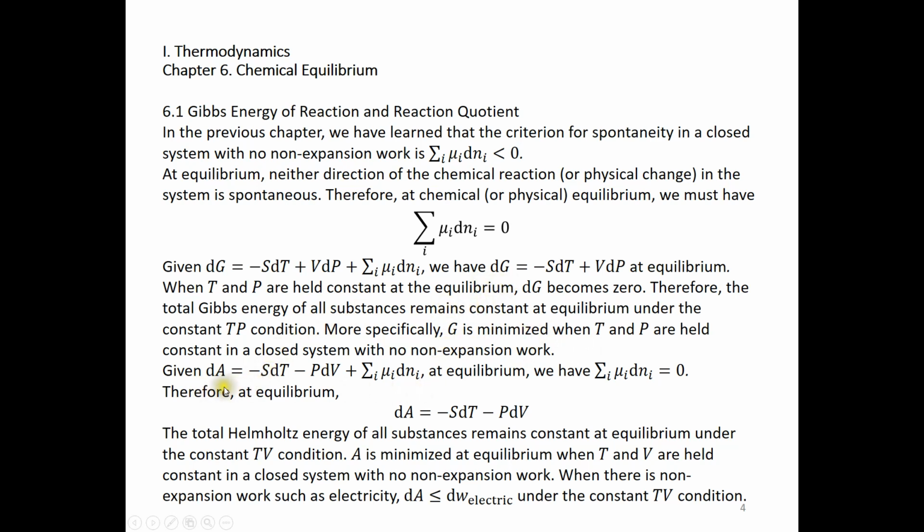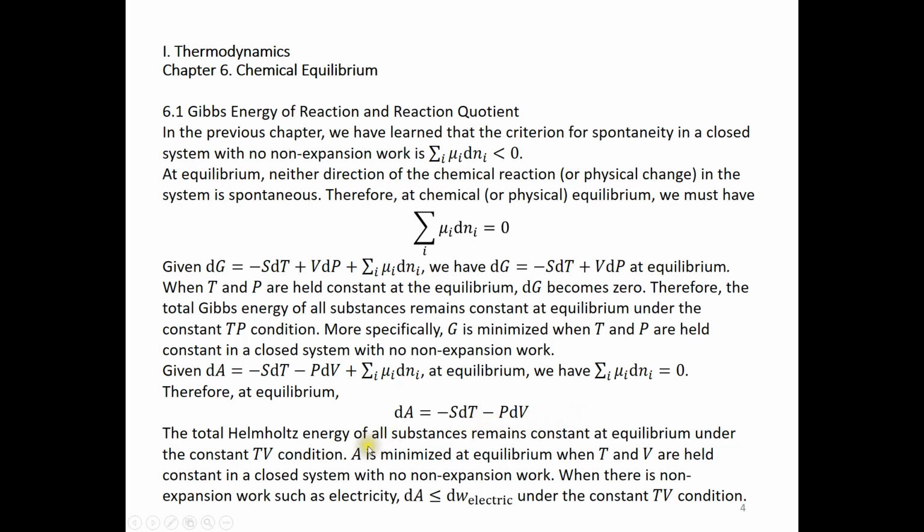Now given this equation from the previous chapter, dA is negative S dT minus P dV plus the sum of mu i dn i. We know at equilibrium the sum of mu i dn i is 0, and therefore dA is equal to negative S dT minus P dV over here when the chemical reaction reaches its equilibrium.